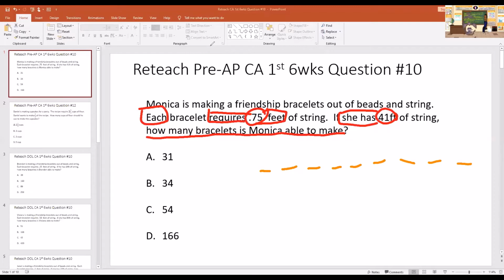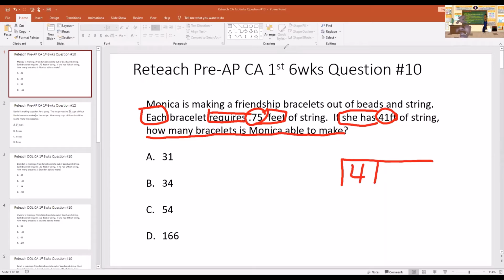Now, we'll get started by setting up a division. We make a dividend, which is also called the house, and we will put 41 inside the house.